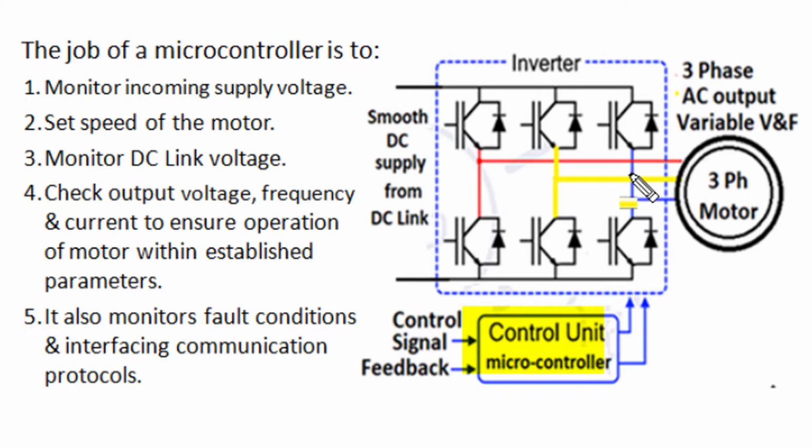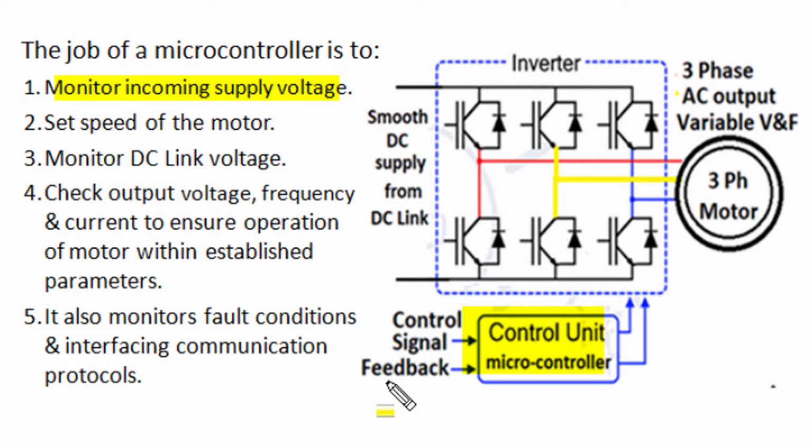But apart from controlling operation of the three-phase induction motor, our microcontroller also monitors parameters of the incoming supply voltage and accordingly adjusts the switching duty cycle of the IGBT to get the desired output. It also has to set the desired operating speed of the motor, and accordingly the microcontroller controls switching of the IGBT switches.